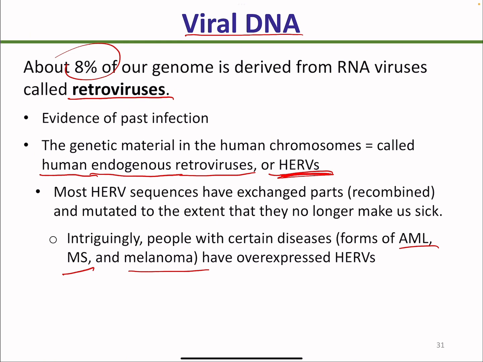How so? When HERVs are overexpressed, we see that in individuals with amyloidosis, multiple sclerosis, and melanoma, which are cancers, we see an unusually high expression of HERVs.